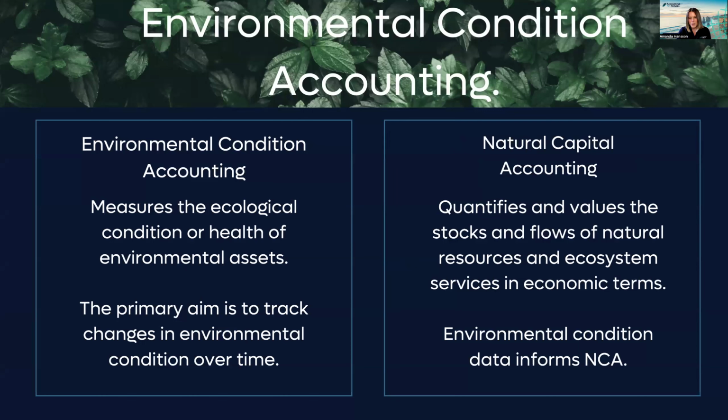Now, natural capital accounting, on the other hand, takes environmental condition data as one of the parameters that goes into estimating the stocks and the flows of natural resources and the financial value that those resources bring. So environmental condition accounting is really one of the pillars behind natural capital accounting.